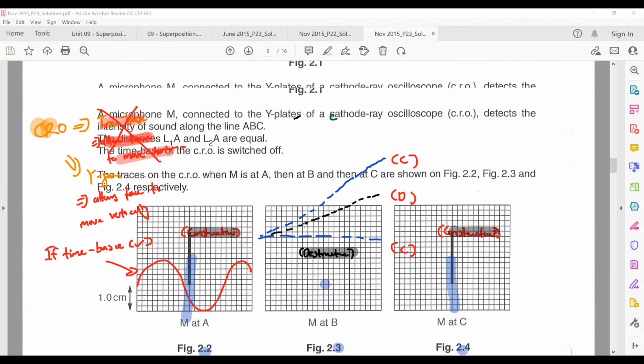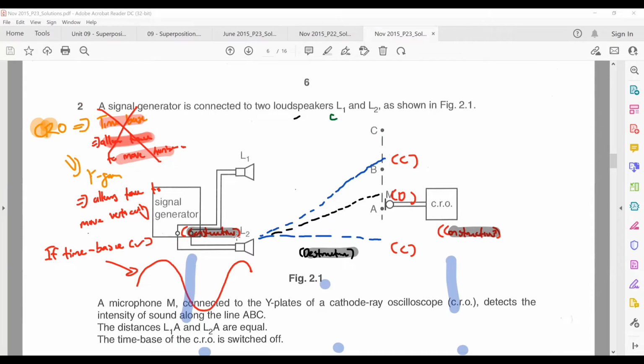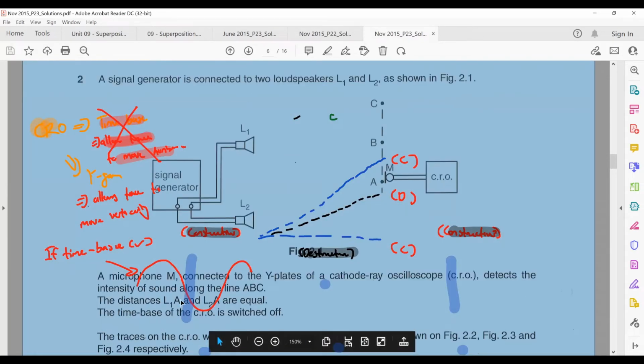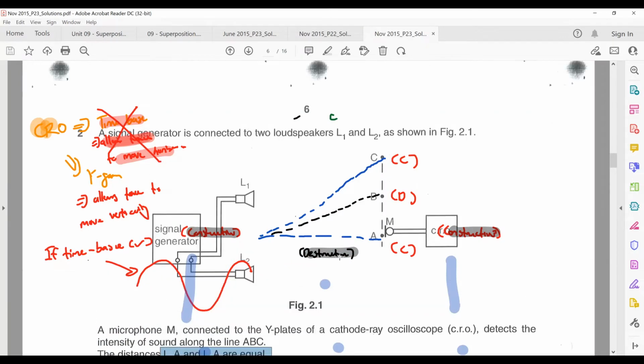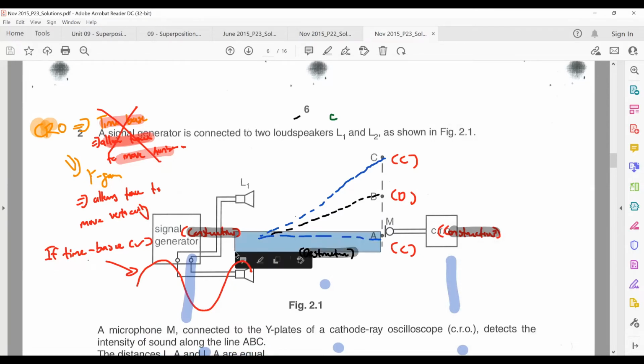So as I mentioned earlier, at point A, the path difference is 0 because the distances L1A and L2A are equal. So I already know it must be the center line. At the center line, that's where point A is. I know it's constructive interference.